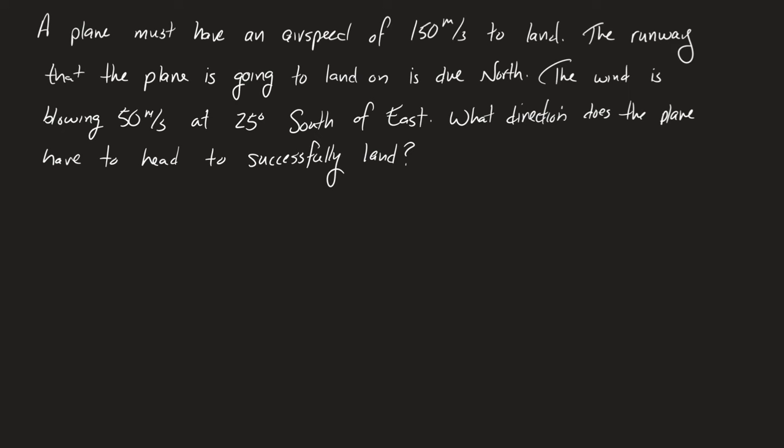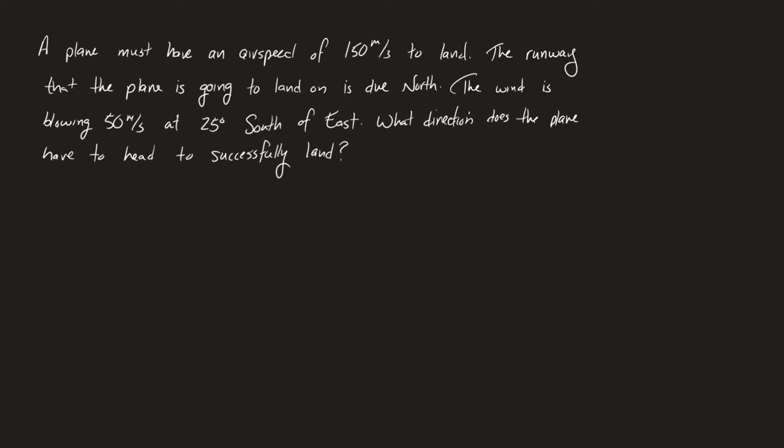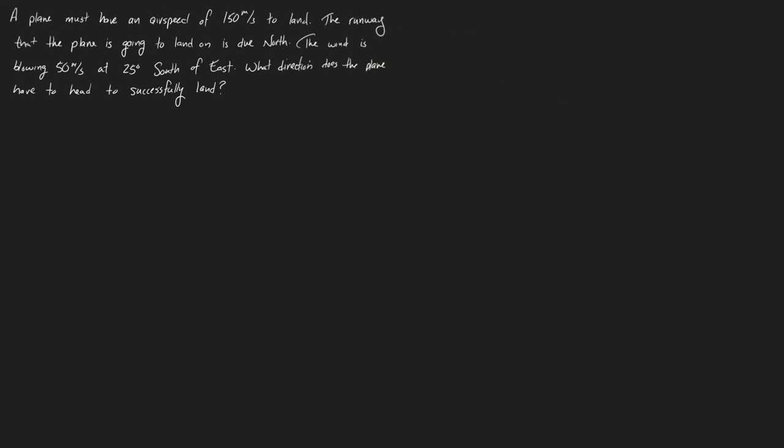All right, here we go. I don't know what direction the plane is going. However, I know what direction the runway is, and I know what direction the wind is. So I'm going to start by just giving myself some reference.